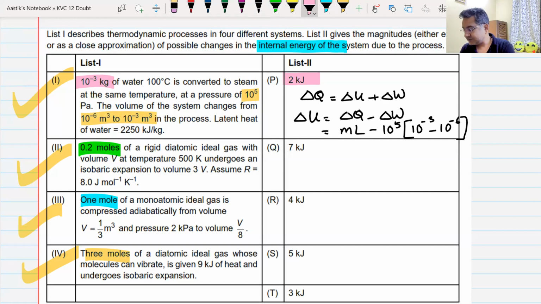That is the answer. Do we understand this, or is this going above our head?